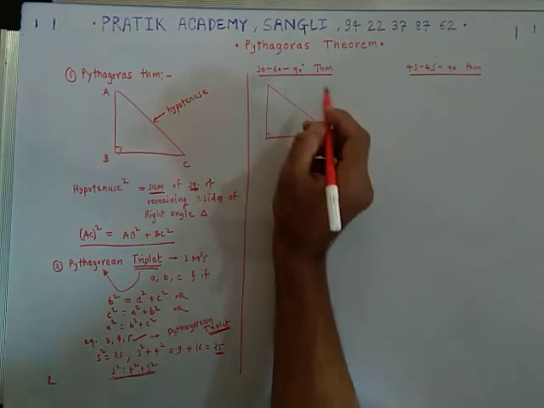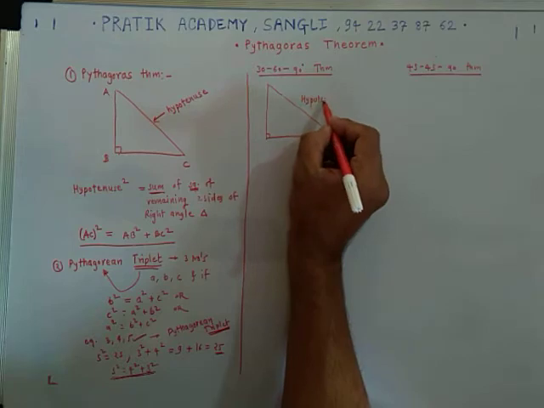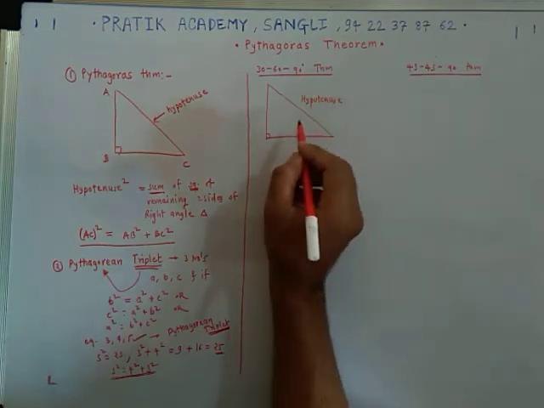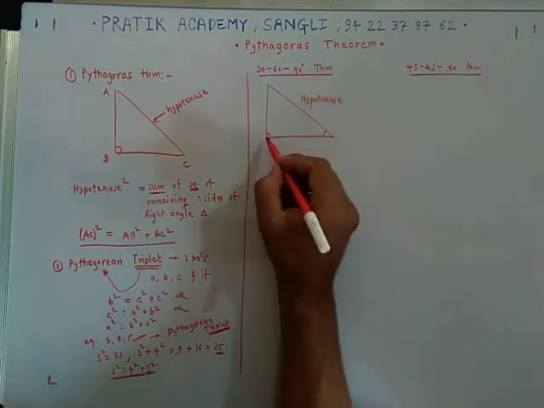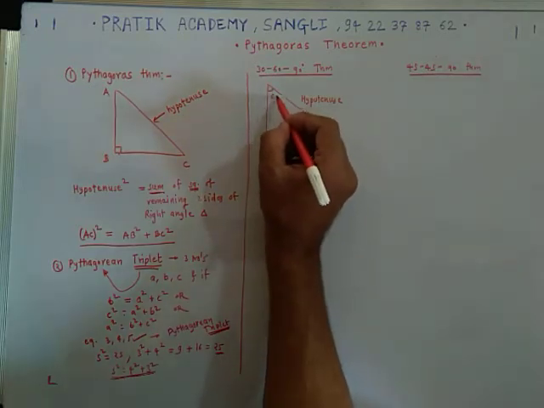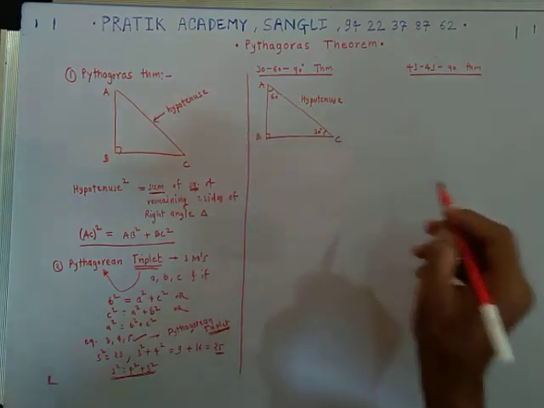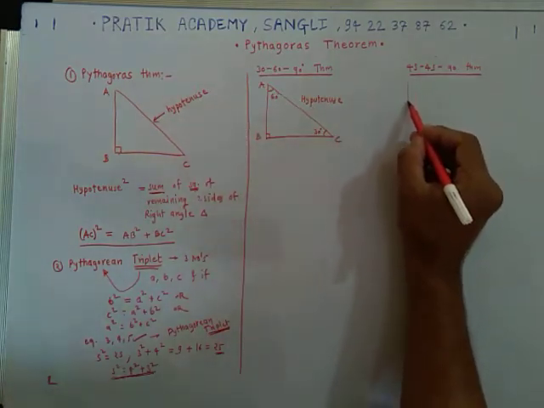So this is the hypotenuse. Suppose this is 30 60, so this is 90 degree. Let's take this is 30 degree, then this will be 60 degree. I will take this as ABC.